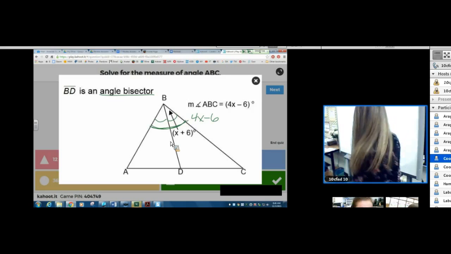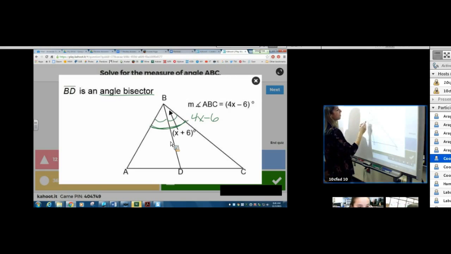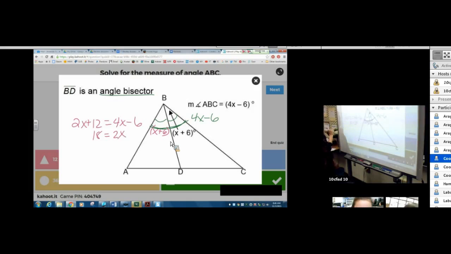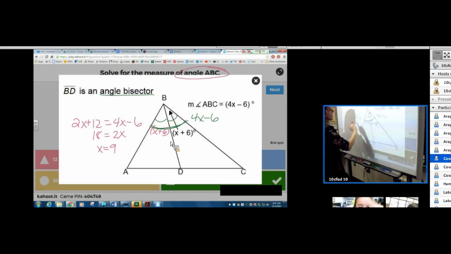Those are our two options. So we could say these are congruent, so this one's x plus 6 as well, and we can just add them together. 2x plus 12 equals 4x minus 6. Let's see, 18 equals 2x, divided by 2, x is 9.